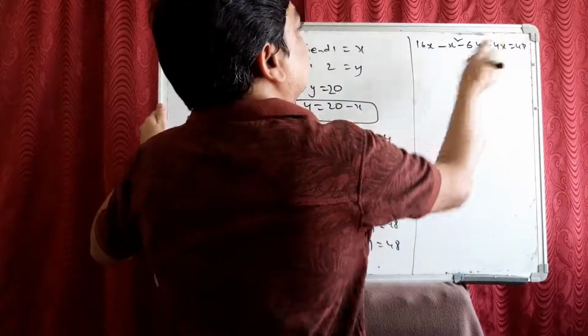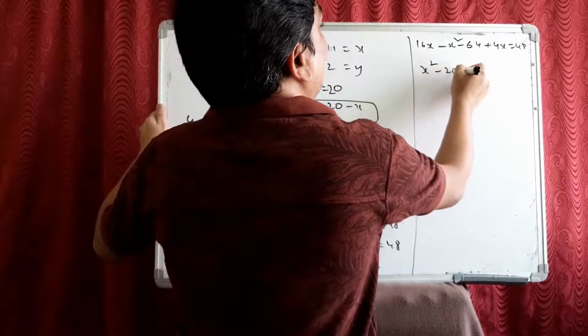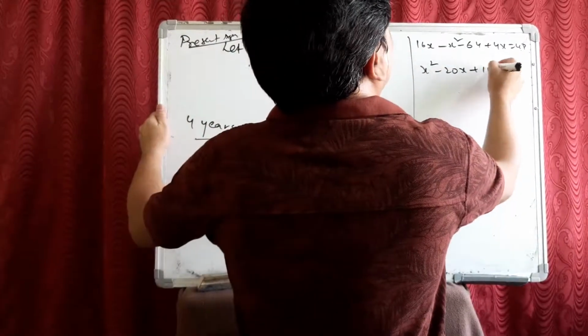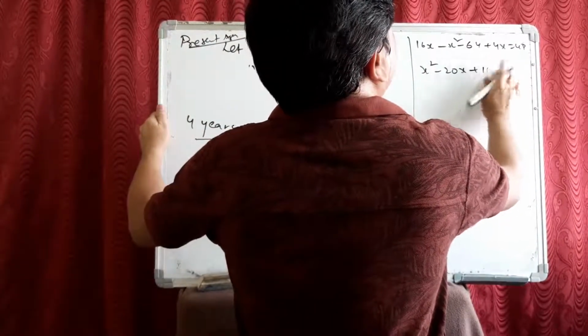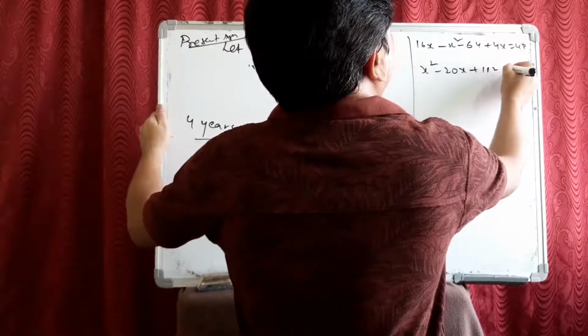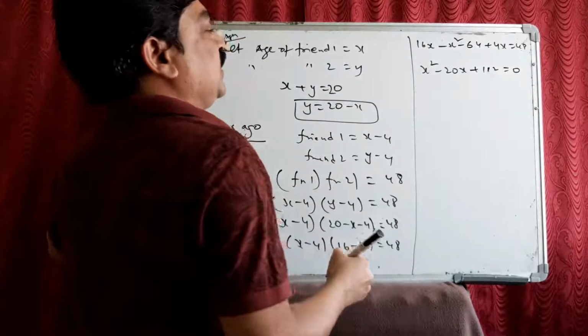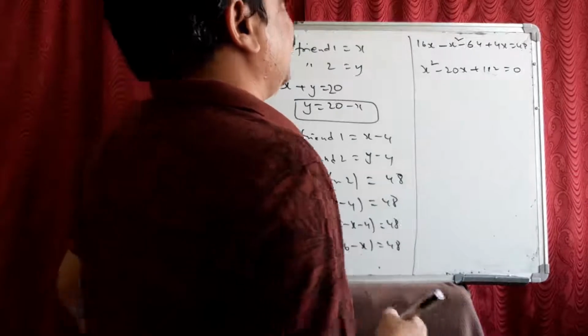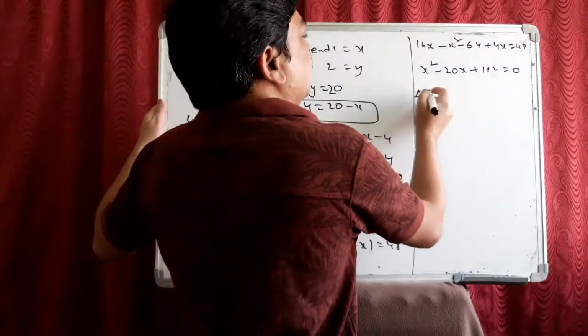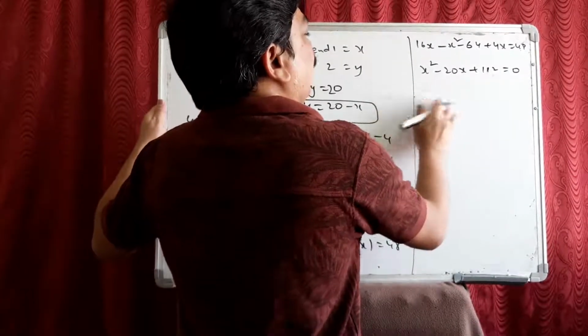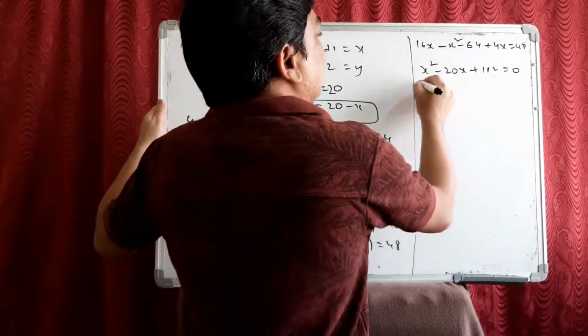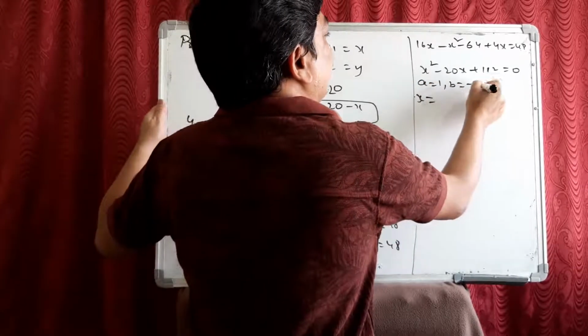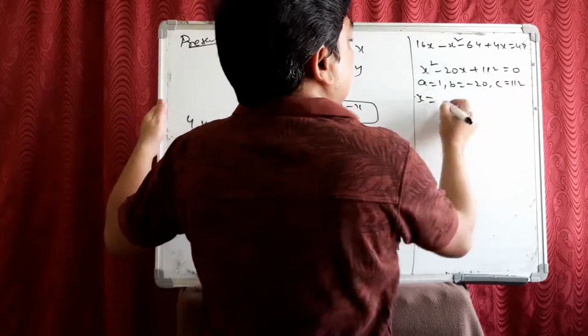Bring all these terms to that side. x square minus 20x plus 112, I think. Yeah, 112 is equal to 0. Factors for this. b square minus 4ac becomes, let us see, I'll apply the formula so that we can get it easily. a is 1, b is minus 20, c is 112.